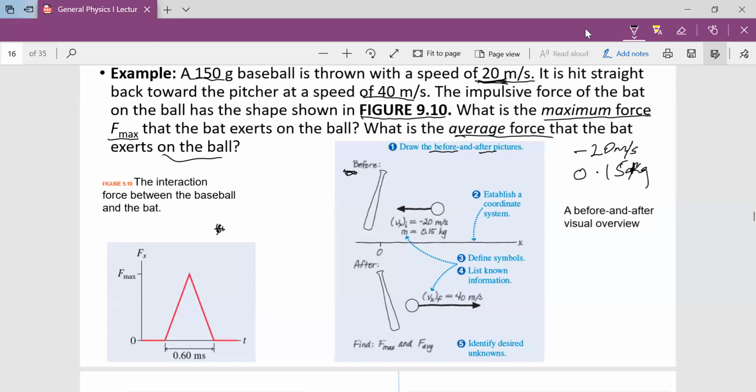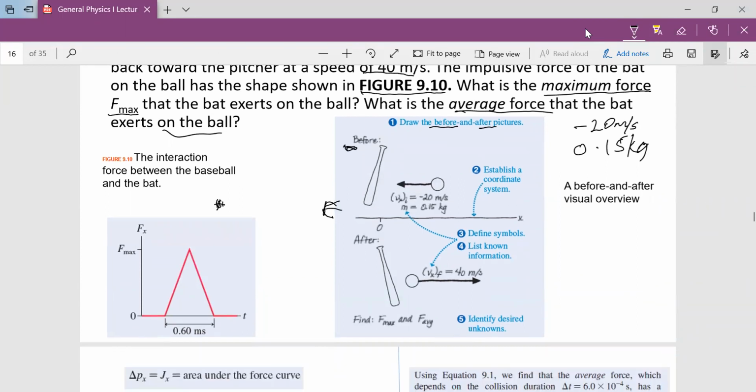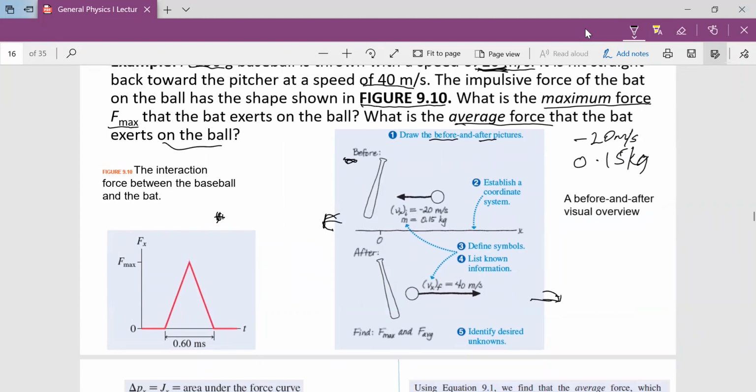All right. So establish our coordinates. We see that the ball is moving in the negative X direction initially, then after the hit or interaction, the ball changes direction towards the positive, okay? And it moved at the speed of 40 meters per second. So our 40 meters per second remained positive.